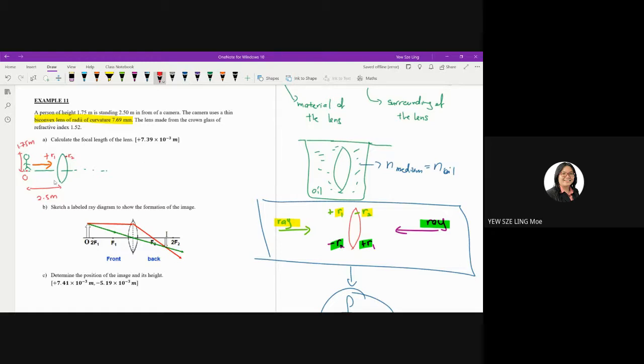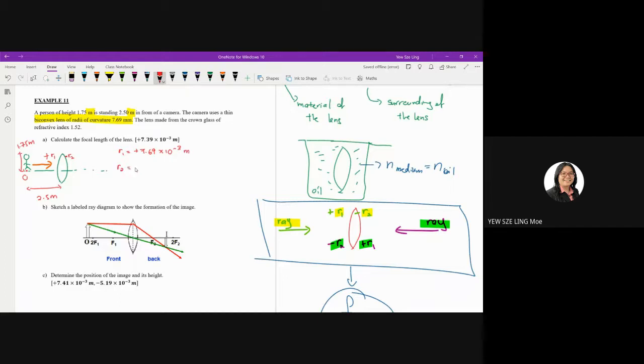So now let us write down the information that we have first. R1 is equal to positive 7.69. One thing you have to be careful about: this question comes with different units, mm and meter. To make it easier, change all of them into SI units. So 7.69 times 10 to the power of negative 3 meter.